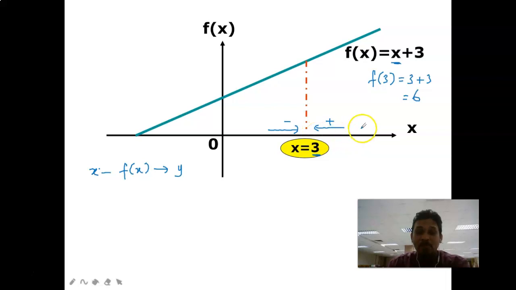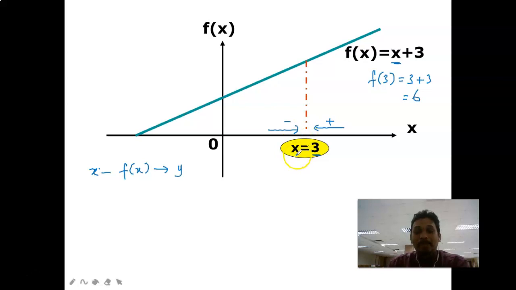Okay, and approaching 3 from the left: negative 2, negative 1, 0, 1, 2, 2.5, 2.7, 2.8, 2.9, 2.99, 2.9999.